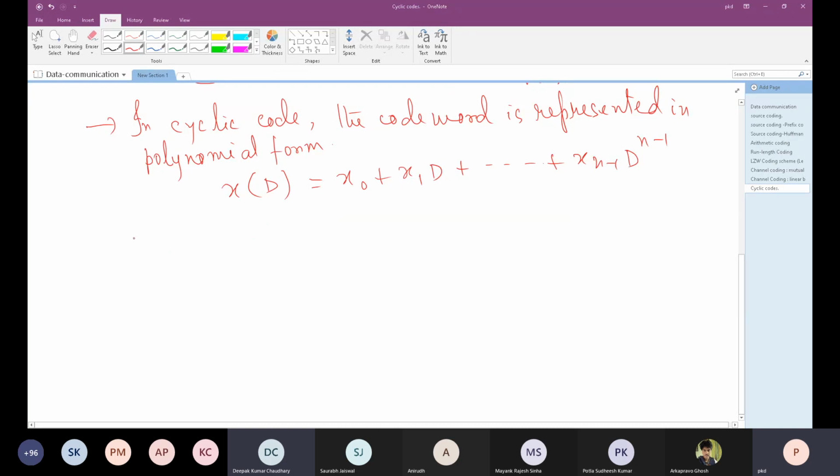Similar to the linear block code, here also we have a generator polynomial.